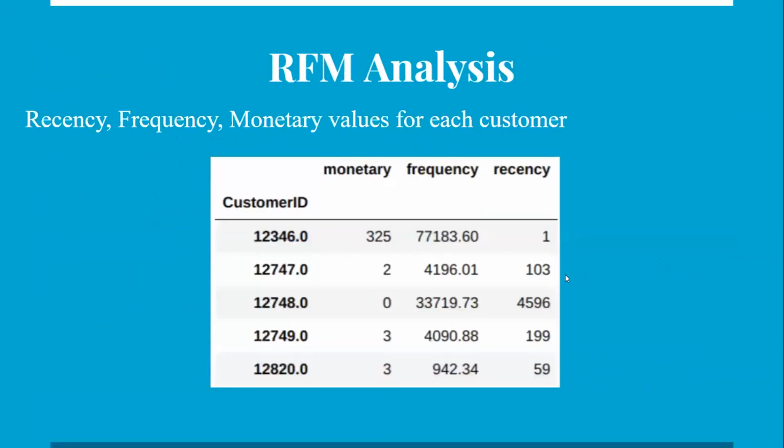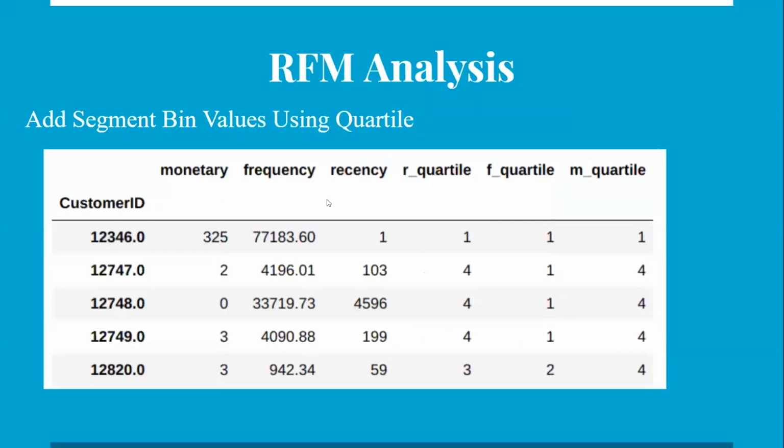After cleaning our data, we decided to use RFM analysis to compute the RFM values of each of the customers. Then we used quartiles to group them and to find out the RFM scores of each of these customers.